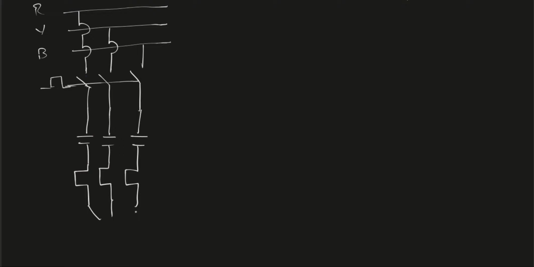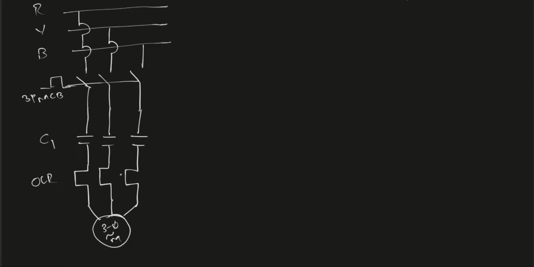From the overload relay, it is directly connected to a 3-phase AC motor. This is the 3-pole MCB. This is the power contactor C1, and this is the overload relay. The overload relay is giving protection to the 3-phase motor.